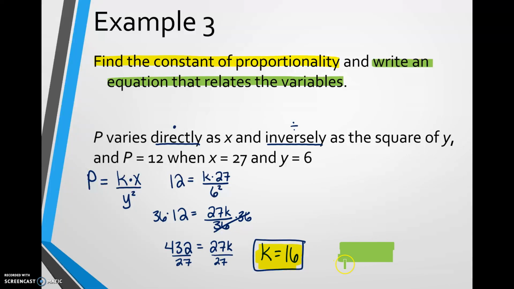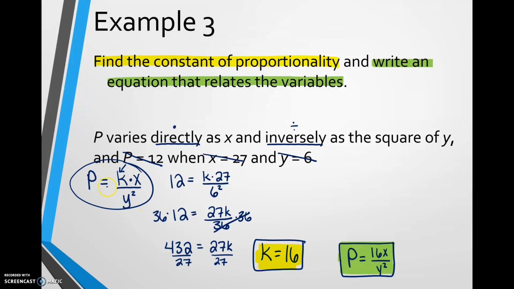So go back to our P equals kx over y squared and put in the numbers that we now know. P equals 16x over y squared. You don't want to use P equals 12, X equals 27, or Y equals 6. You want to put those back to P, X, and Y. The only number that you want to edit is the k. So go back to this equation and put what you now know k is in place of k.